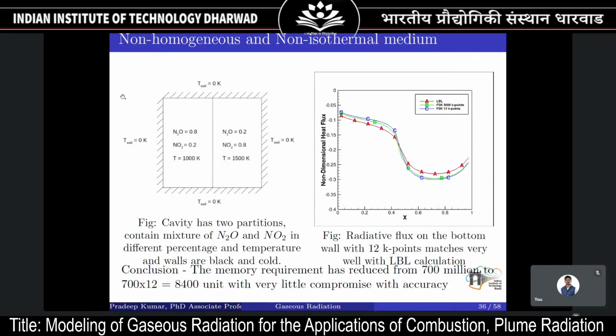Again we are taking a bifurcated cavity with two thermodynamic states in the cavity, and we are calculating the fluxes and almost getting accurate fluxes. Only the 12-point case is a little bit less accurate, but that is also within 1-2%.